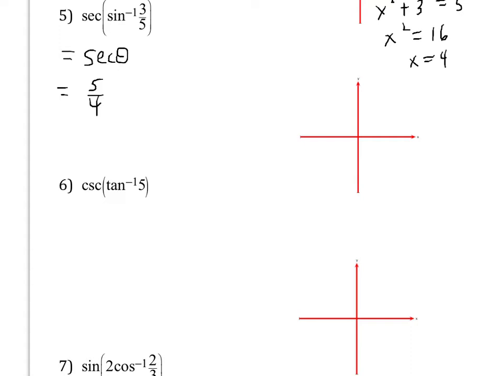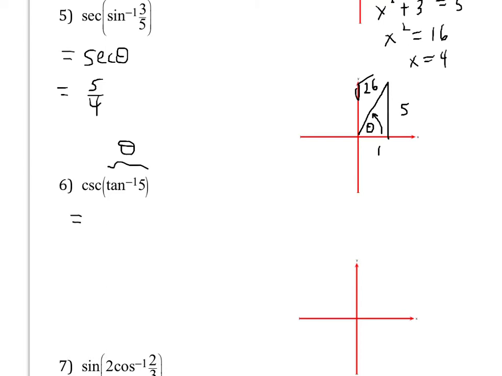I want to find the cosecant of the inverse tangent of 5. Again, think of this as theta. The angle in the first quadrant whose tangent is 5 would have to look kind of like this, right? I'm thinking of an angle in the first quadrant. Could you think this is 5 over 1? Then the hypotenuse, I believe, turns out to be square root of 26. So I don't know what this angle is. I don't need to know.